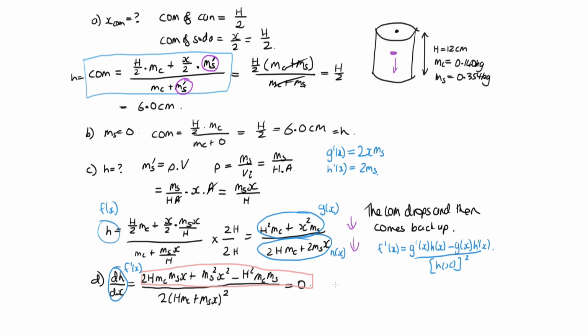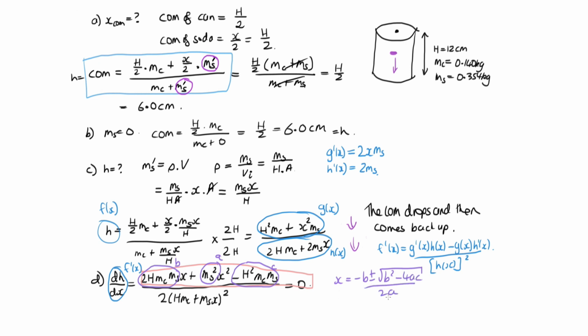Once again, there's a fair amount of algebra. We've actually got a quadratic equation here, where this is x squared, then an x term, and then a no-x term. So with our quadratic equation, this thing here is our a, the thing in front of the x squared. This thing here is our b, and then this is our c, and the quadratic formula tells us that x is equal to minus b plus or minus the square root of b squared minus 4ac, over 2a.